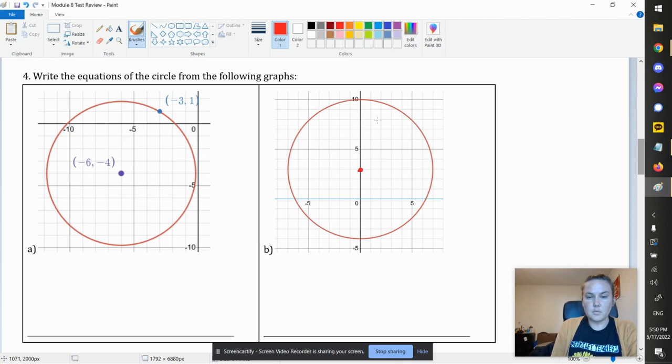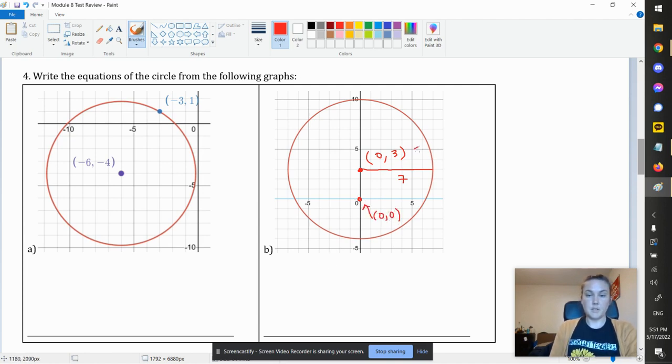So again, I'll give you the center on the test. This definitely has center point 0, positive 3, right? Because this is the origin.